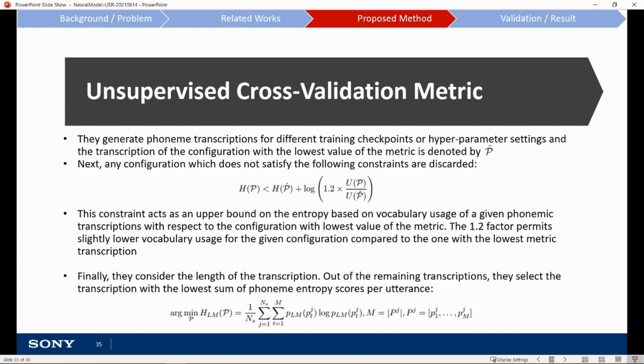Now after applying these constraints, they also consider the length of the transcriptions, and out of the remaining transcriptions they select the transcription with the lowest sum of phoneme entropy scores per utterance. Essentially they select the model configuration which produces phoneme sequences that score high under the language model but are not too long.